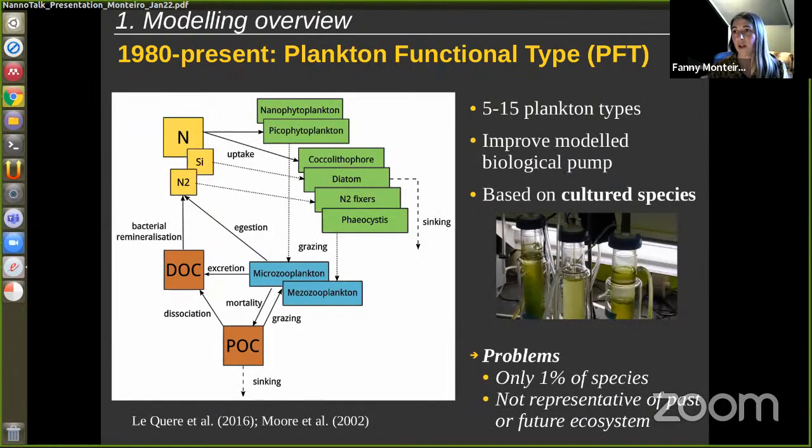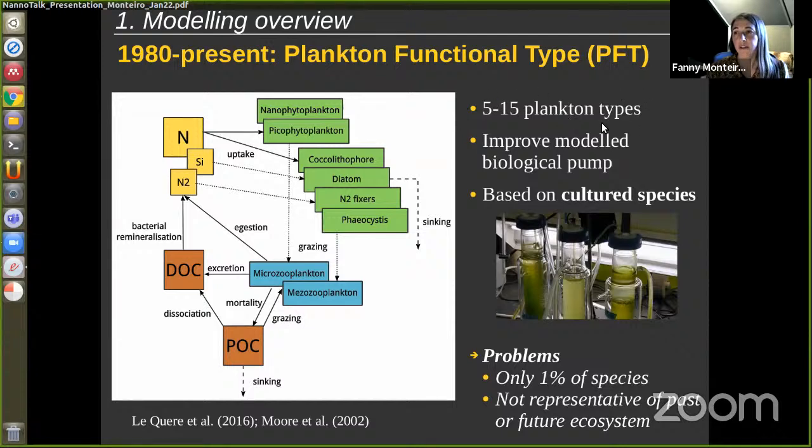And then, as I said, when we start looking at the bigger picture, those models were not able to capture all the different subtleties from one place to another. So modelers started to include different groups of plankton that they call plankton functional types, PFTs. They started adding one coccolithophore in their model, one diatom, one nitrogen fixer, etc. And with that, they also diversified the biogeochemistry, adding the silicon cycle or the iron cycle, etc. Those models really improved the global representation of the biological pump.